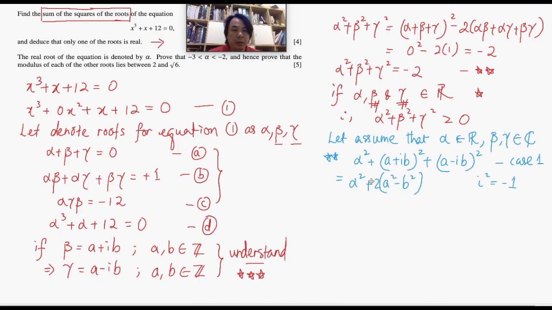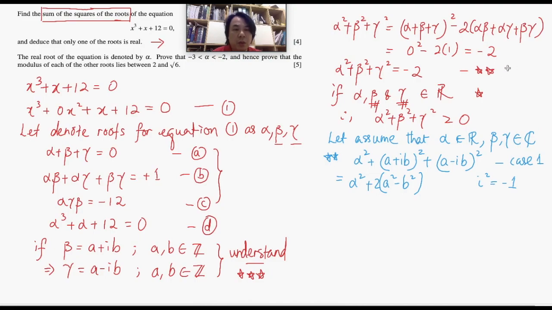So this is what we end up with. And then you can see that all these are real. a is real, b is real, alpha is also real. Therefore, the whole summation will produce a real number. But this real number may not always be greater than 0 as we expected, because of the existence of complex numbers. If there is no complex number involved, then it's impossible for us to obtain this particular conclusion here.